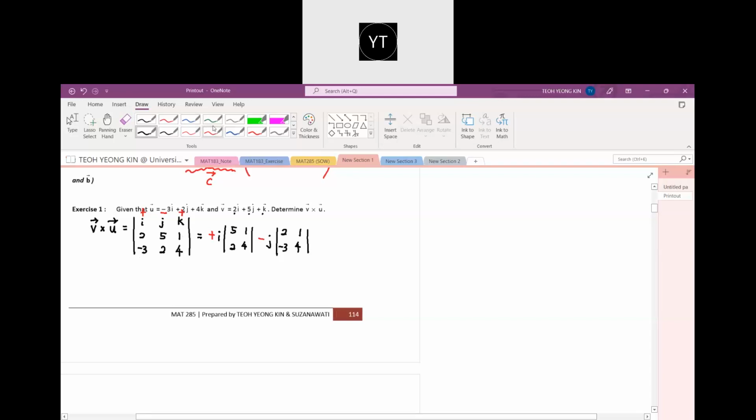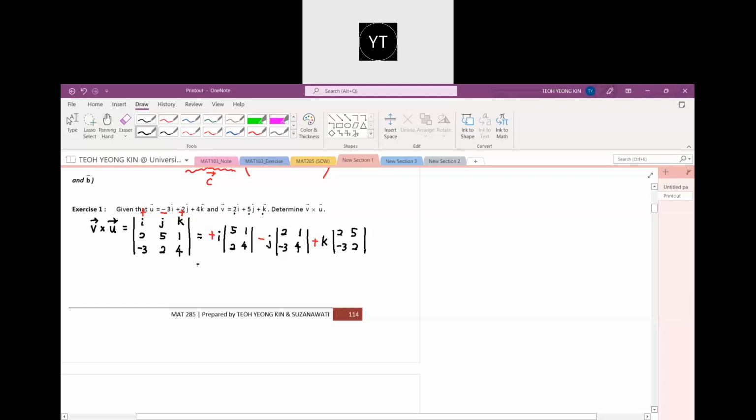And finally positive k, the first row, third column: 2, 5, negative 3, and 2.